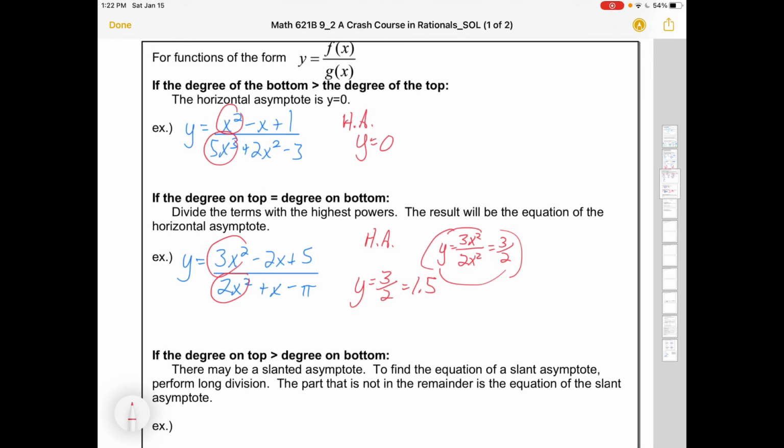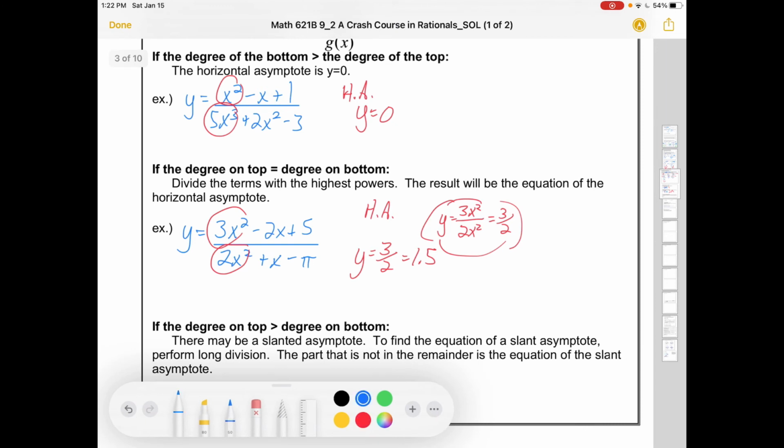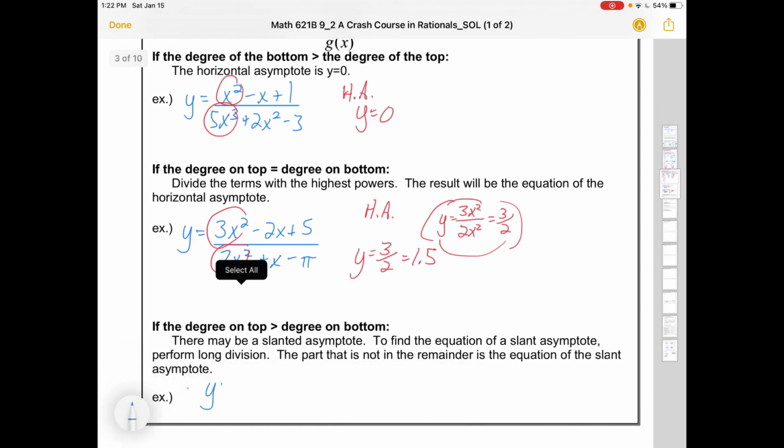If the degree on top is larger than the degree on the bottom, there may be a slanted asymptote, or if there's a bigger difference in power, it may be a parabolic asymptote. The main thing is that there's no horizontal asymptote. So let's say, for example, we had y equals 5x cubed plus 3x minus 1 all over x squared minus 5.